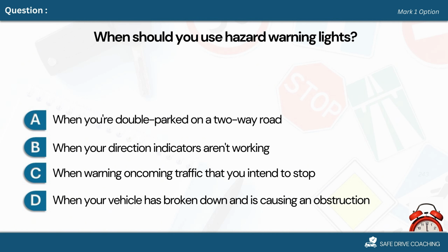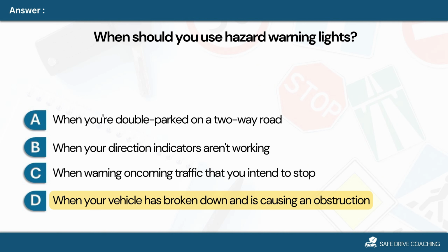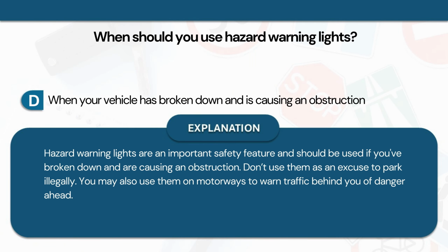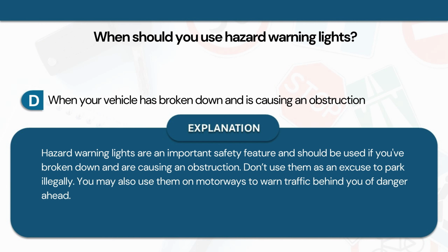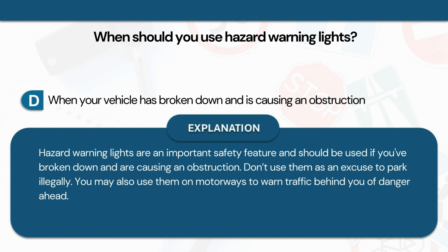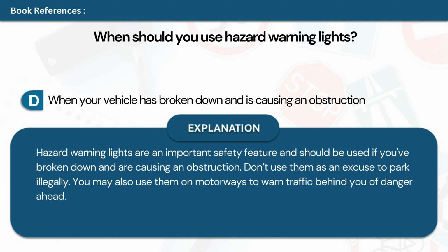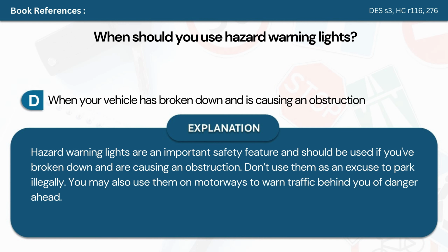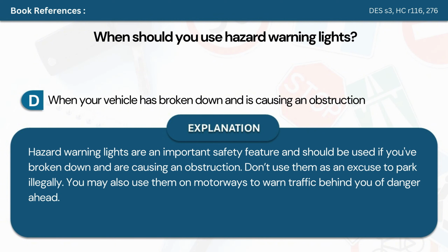The correct answer is D. Hazard warning lights are an important safety feature and should be used if you've broken down and are causing an obstruction. Don't use them as an excuse to park illegally. You may also use them on motorways to warn traffic behind you of danger ahead.